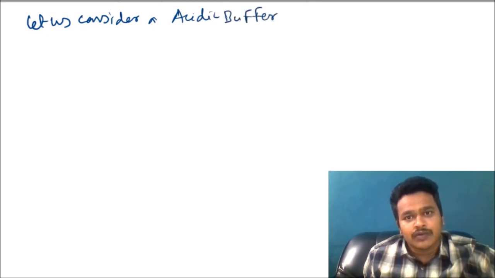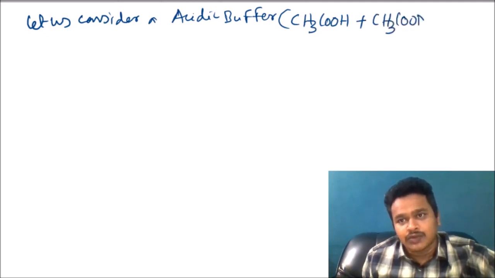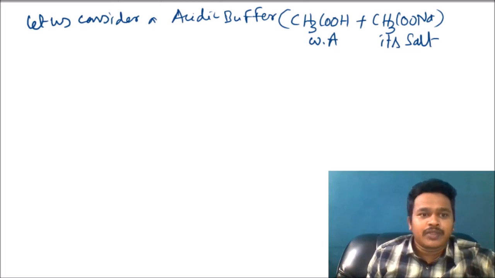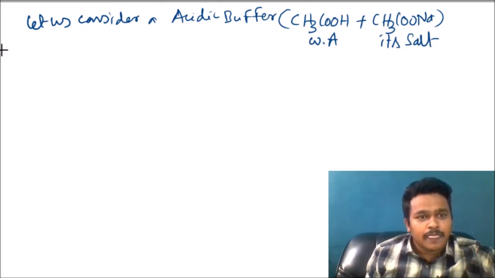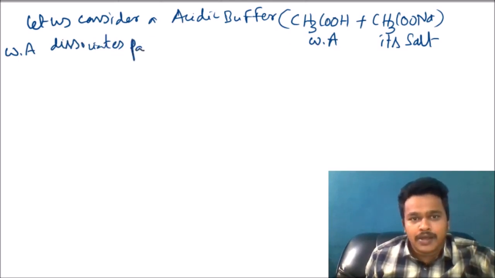What is an acidic buffer? We know: acetic acid CH3COOH plus its salt, CH3COONa. Acidic buffer means a weak acid and a salt of that weak acid. In this buffer solution, the weak acid dissociates partially.